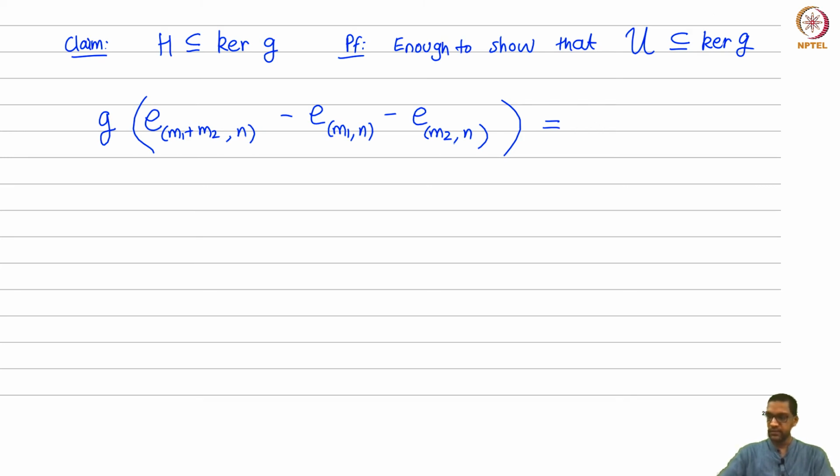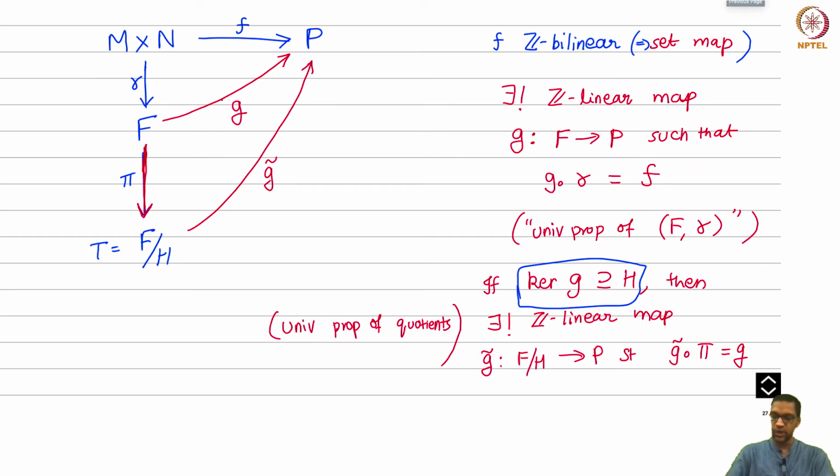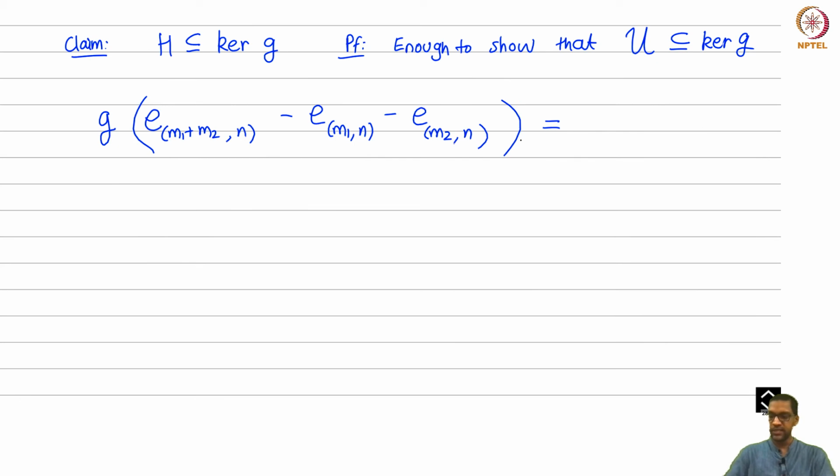Now how do I do this? Well, what do we know about G? G composed with gamma is F. Now, what are these E's? They are just gammas. So what is this map? This is just gamma evaluated on the ordered pair m1 plus m2, minus gamma of the other pair, just by definition.